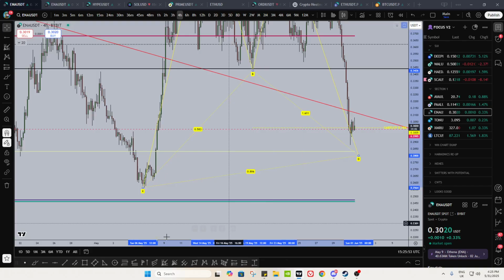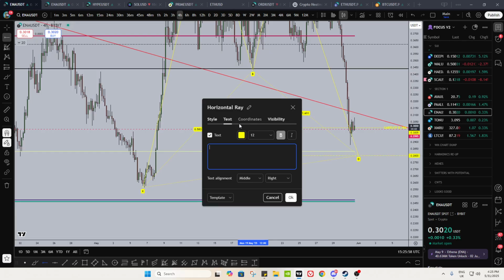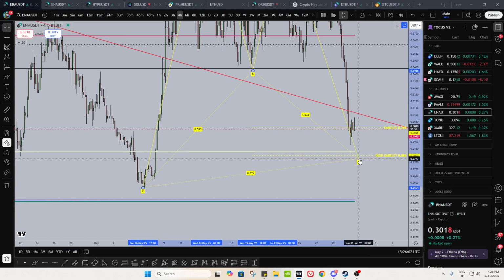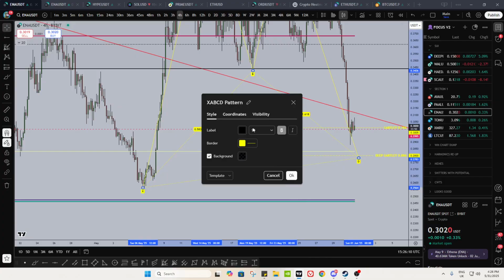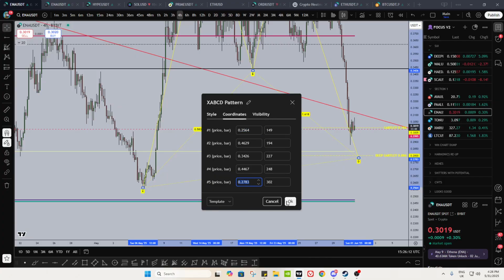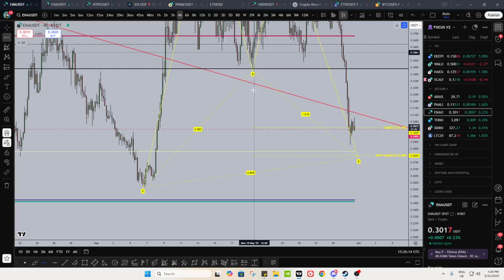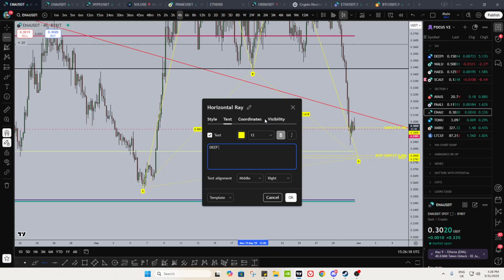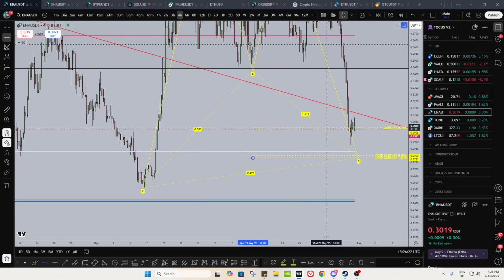If you've got 28 cents on ENA again, basically, over here. Deep Gartley 0.886, and just below that you have the 1.618 right over here. There we go.